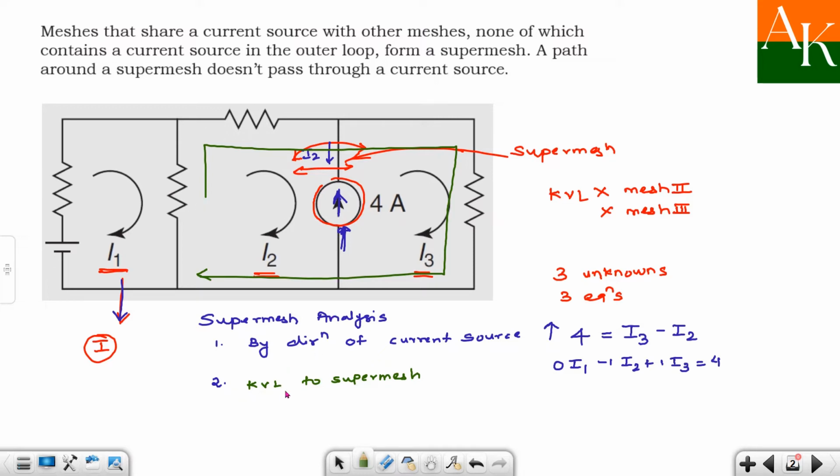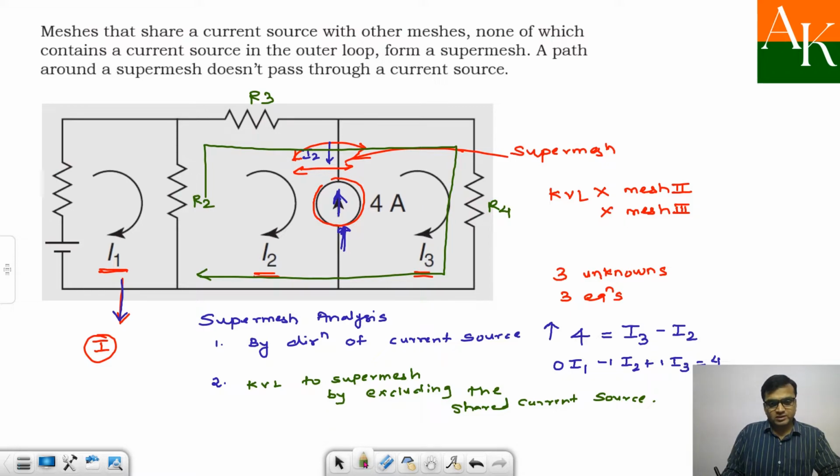So KVL to supermesh by excluding the shared current source. Here we will see how to apply it. Let's say the value of this one is R3, this one is R2, and this one is R4.